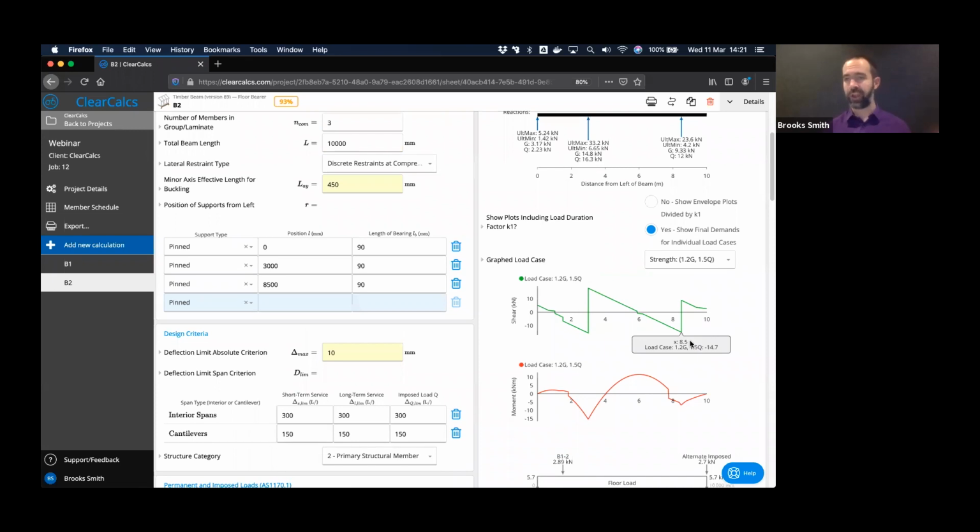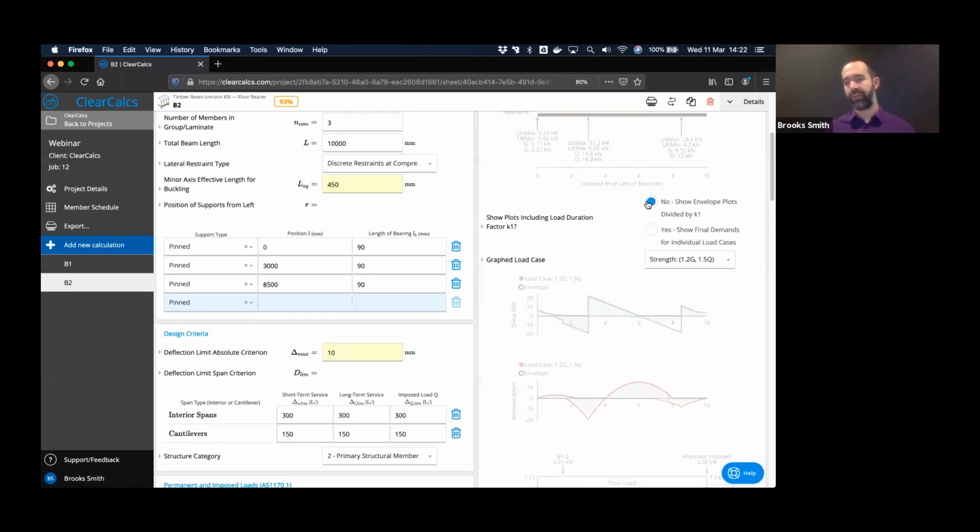But internally, and a common way that you might deal with the K1 factor being different for every load case is to, rather than calculate the capacities and demands as the standard says, calculate your demand divided by K1 and your capacity without the K1. So effectively dividing both sides of the equation by K1. So demand and capacity both divided by K1. So we do that internally, and we give you the option of seeing that.